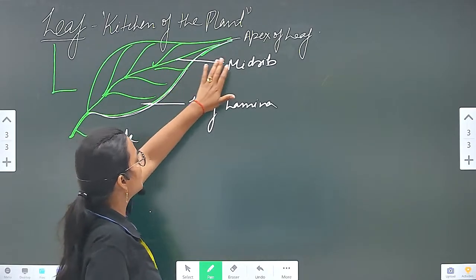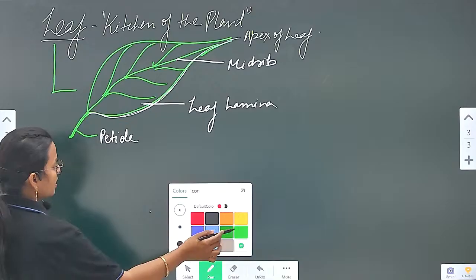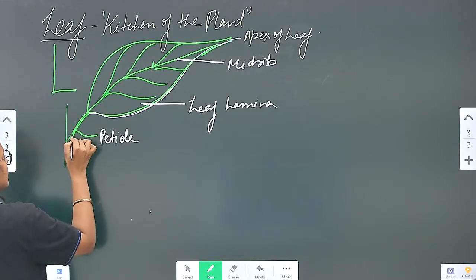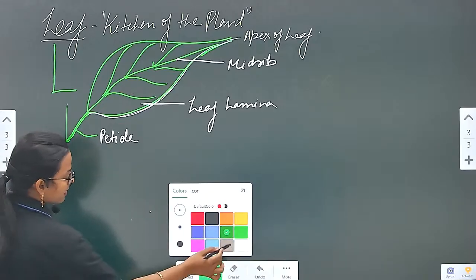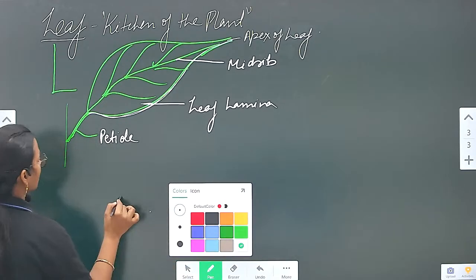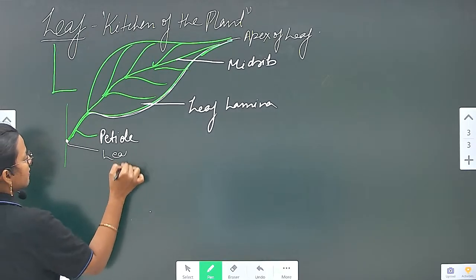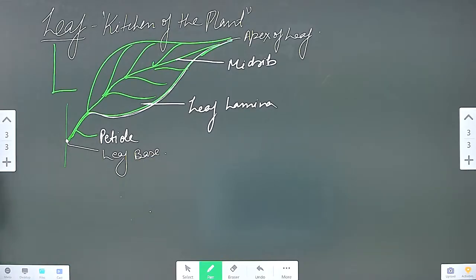This is the midrib and this is the apex of the leaf. Is that clear? Yes. And the place from where the leaf gets attached is simply called the leaf base.